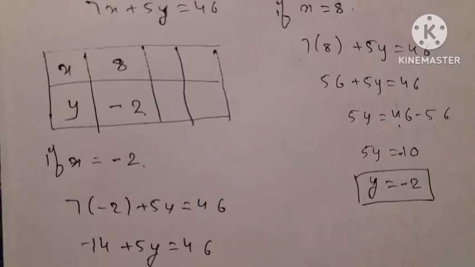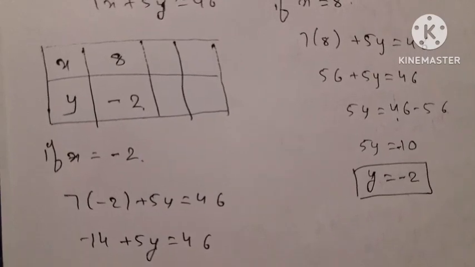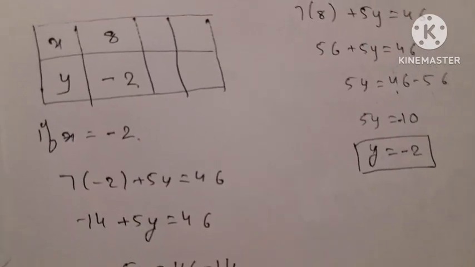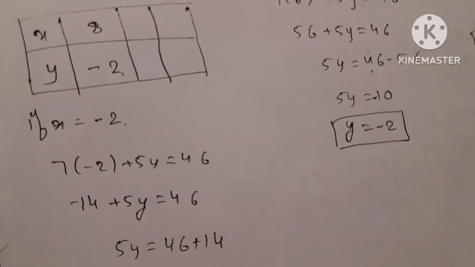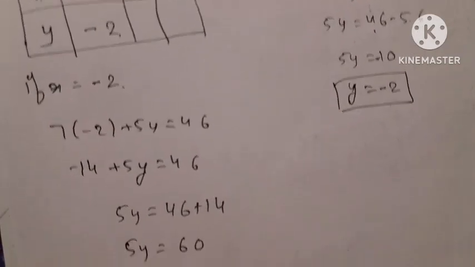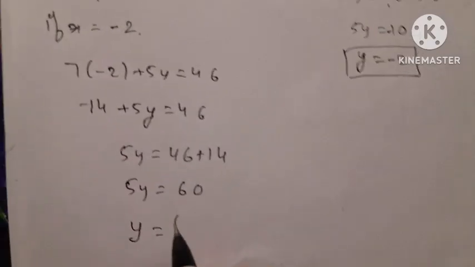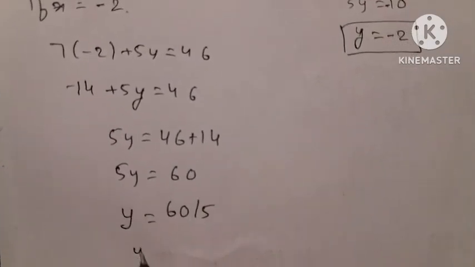So 5y equal to 46 plus 14. 5y equal to 60. y equal to 60 by 5, so y equal to 12.